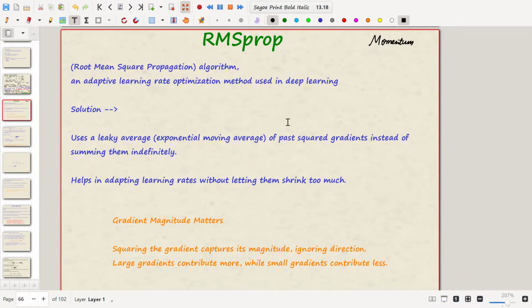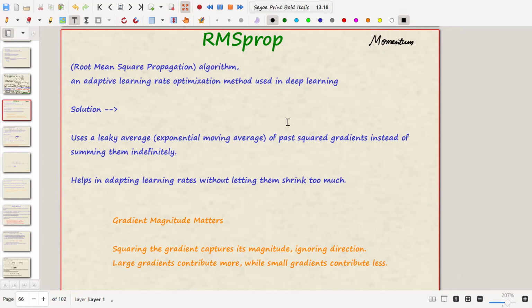We took one example where it was elongated, so it was flat along the x direction and short in the y direction. This motivated us to add momentum to it, so that we can achieve the optimization faster.